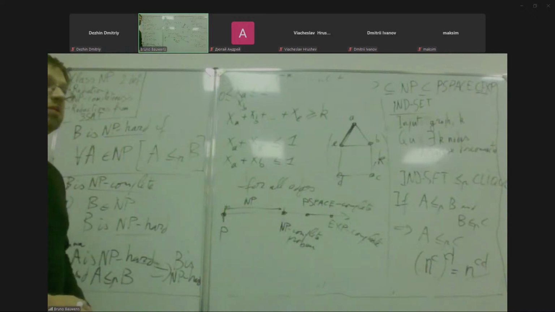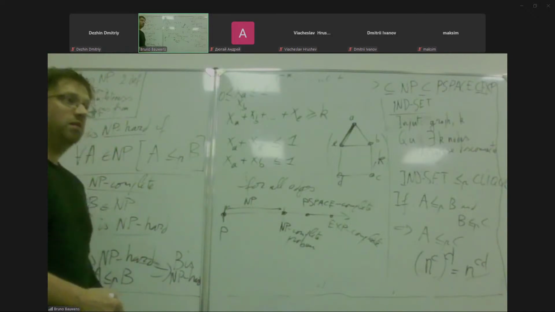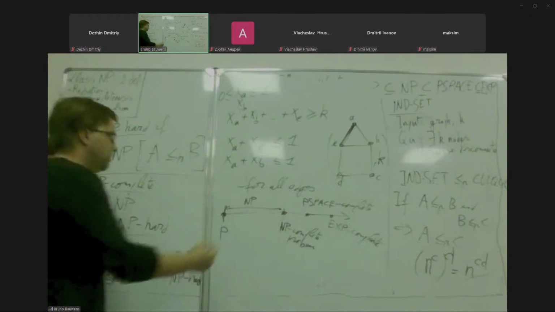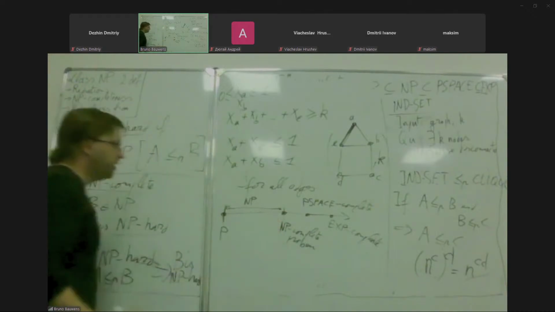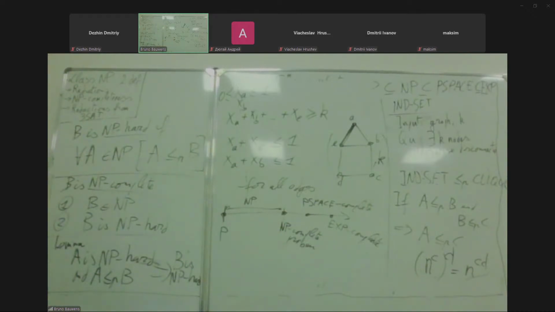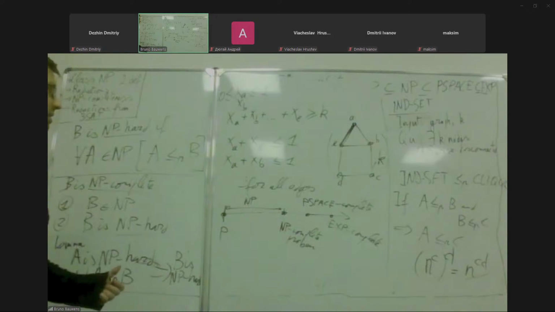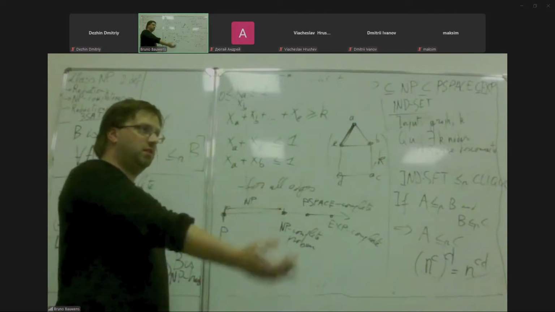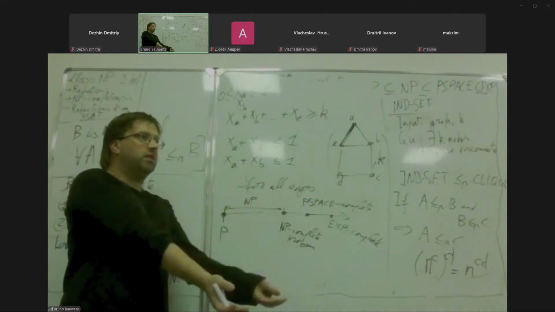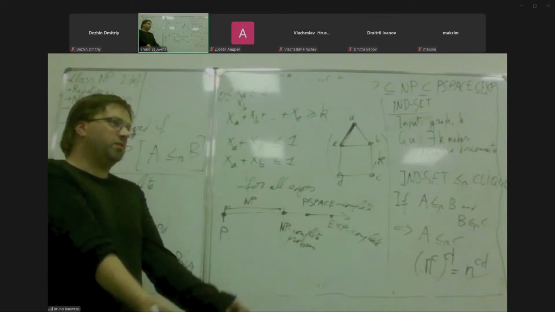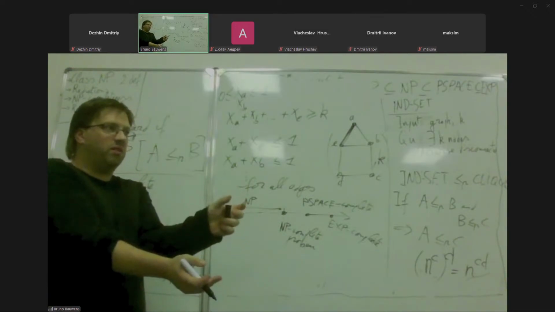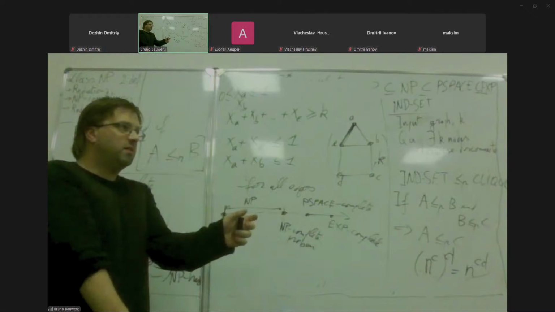It's both in NP and co-NP. But the Pratt certificate is a little too difficult for this course. Showing it's in NP is easy because the small factor itself is a certificate; if you know the small factor, you can verify it.